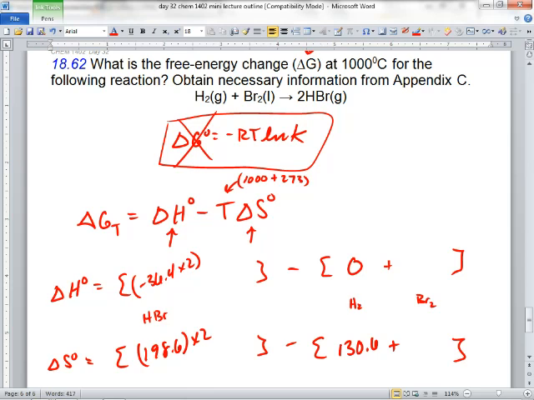Zero. And we need Br2 liquid delta S. 152.2. Okay. Now, before we let you go, Nick, what are the units for the delta H in the table? Kilojoules over moles. And for the delta S?